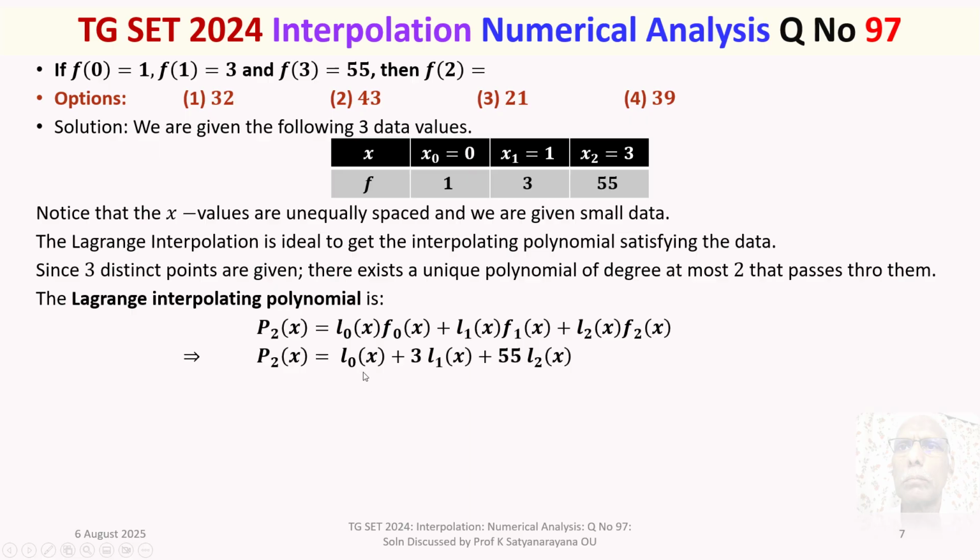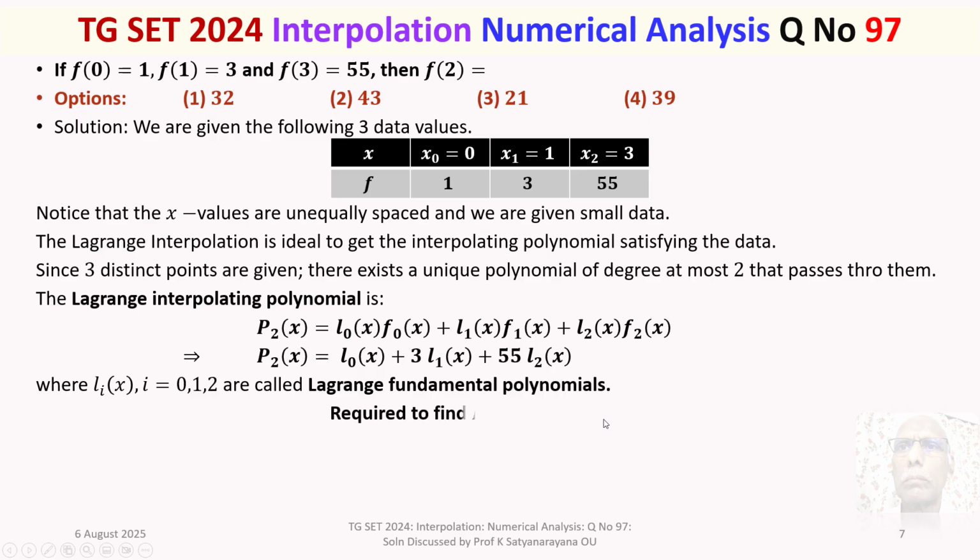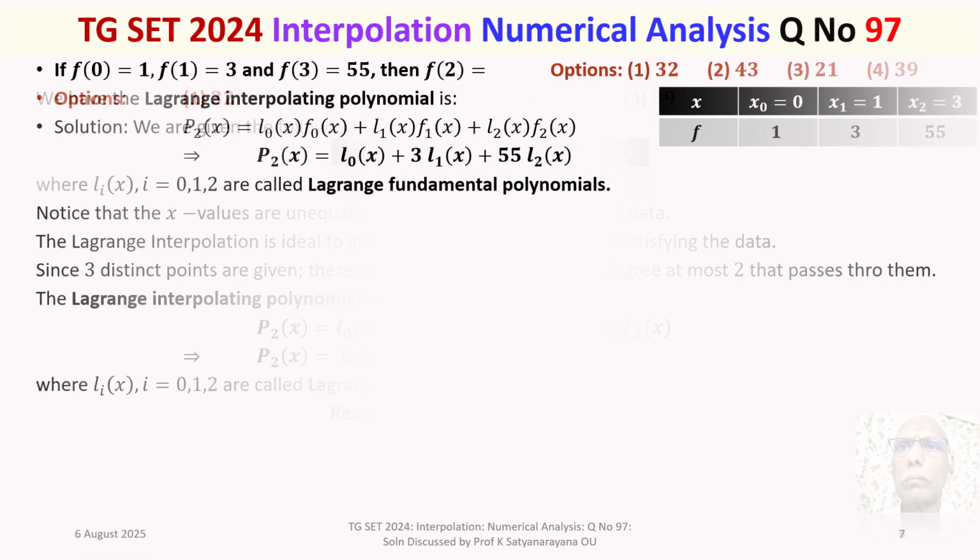If you compute L0 x, L1 x, L2 x at x equal to 2, then you will get P2 of 2, where Li x, i equal to 0, 1, 2 are the fundamental Lagrange polynomials. We are required to find P2 of 2. So, in P2 of x, substitute x equal to 2. That means you have to find L0 of 2, L1 of 2, L2 of 2 and substitute here and you will get the answer. We continue in the next slide.